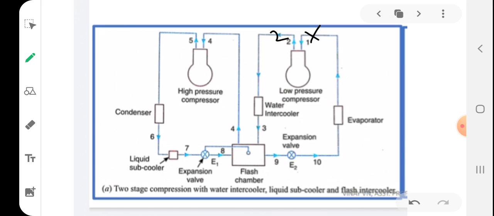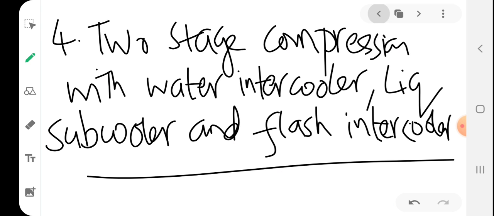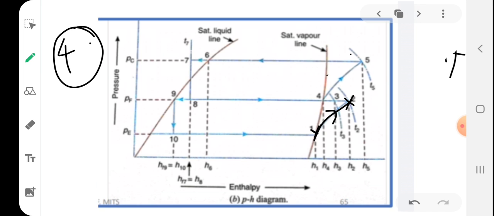So it reaches 2. Okay, from 2 to 3, what is happening? 2 to 3, it is cooled in the water intercooler. So 3 will be in between point 2 and point 4.